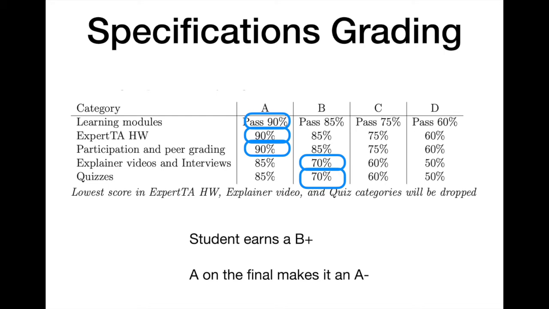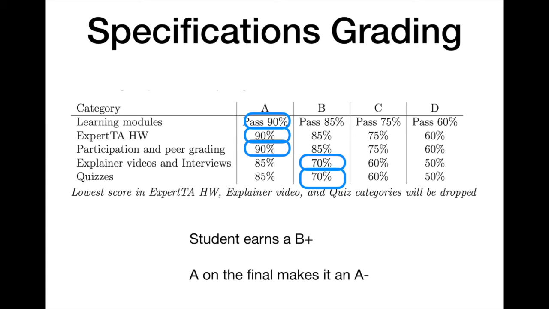So the way that this works, and this is explained in the syllabus, the PDF version, is that your base grade is whatever category has the lowest letter grade. Right? So in this case, that's a B. But because the student did better than that in the three other categories, that bumps it up to a B+. So that would be the grade going into the final.